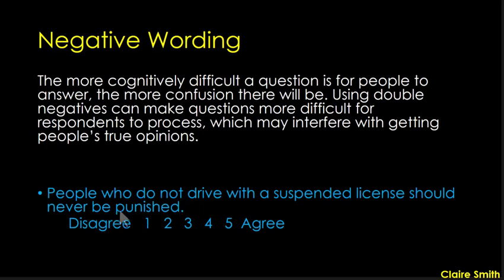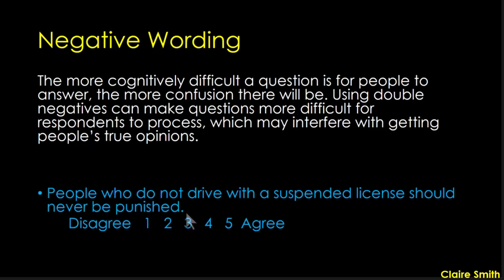Obviously, we want to avoid questions that have double negatives or confusing wording in general, because again, we're not really testing the answer to the question. We're testing how well people can interpret the question at this point.